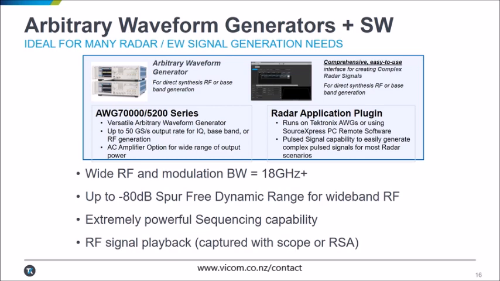Since AWGs have been used for this application for many years, it is also critical to have the backward compatibility so that previous setup and configurations can easily be modified to work with the newer state-of-the-art AWGs. One thing Tek has tried to do is make sure that if you have an old sequencer setup from an old AWG, it will work on the new AWG without too much pain.